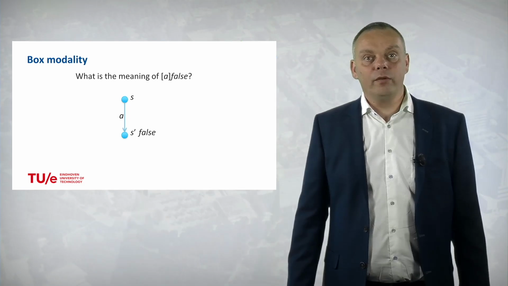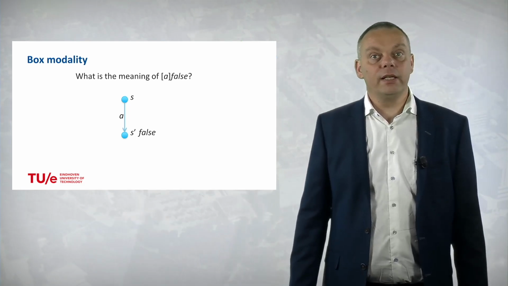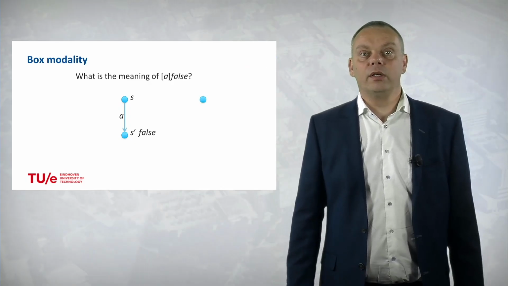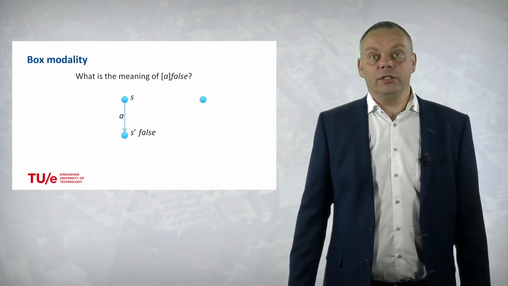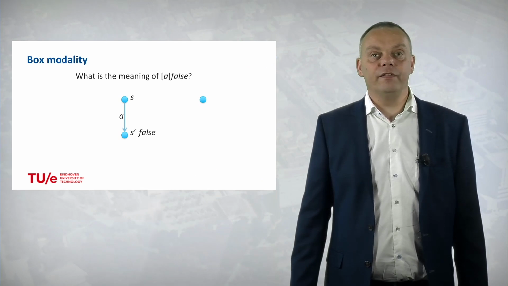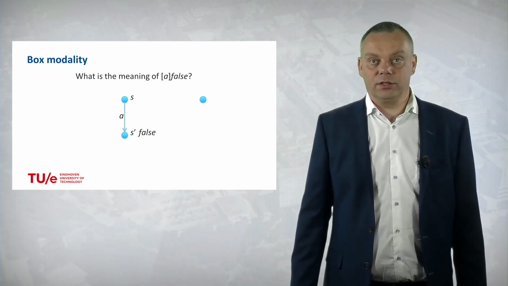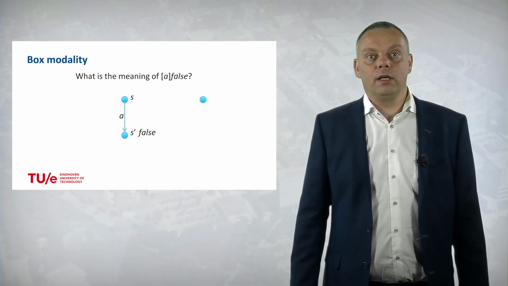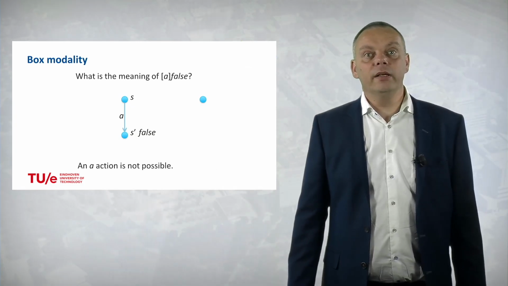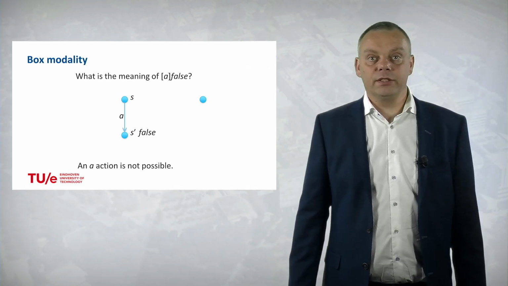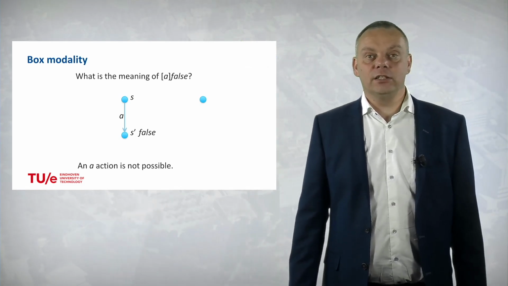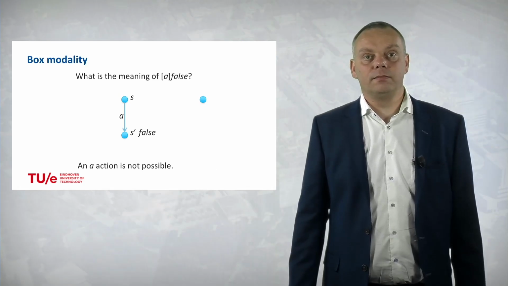And there's only one way to make this formula valid, and that is by forbidding that an A can be done. So actually, it's only valid in a state without outgoing A transitions. And this is the meaning, namely, box A false is valid in a particular state if an A action is not possible in that state.